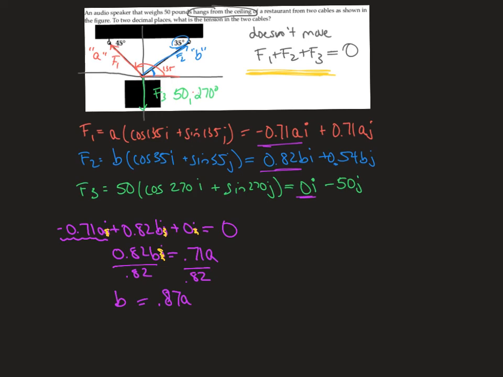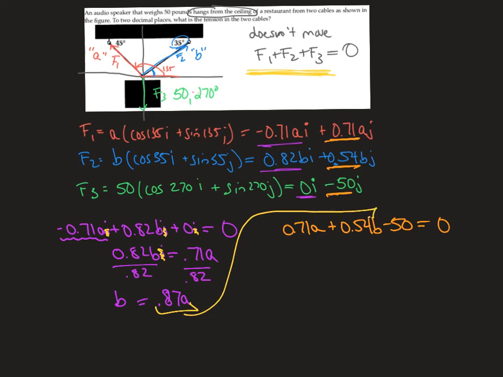All right, then I'm going to get a different color. We'll go orange. And I'm going to take the J parts, just these 3 right there. So when I do the J parts, I've got 0.71A plus 0.54B minus 50 has to equal 0. But what I'm going to do is plug this in here, so that I have one equation with one variable.